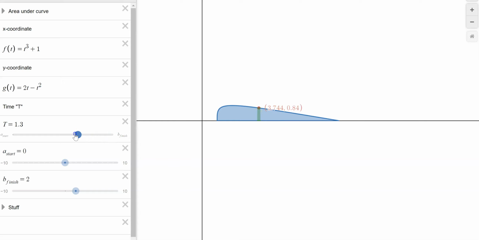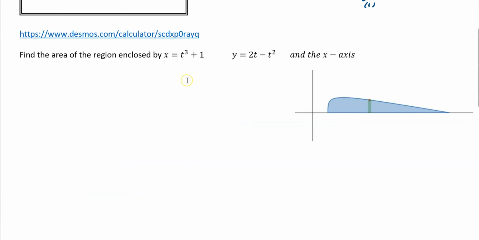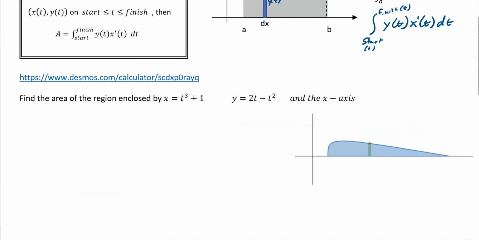And what we're looking for is, again, that basic rectangle so that we can go from the very first t to the very, very last t. And how do you find those t values? Okay, so we need the derivative of x. So with respect to t, dx/dt would be 3t squared.